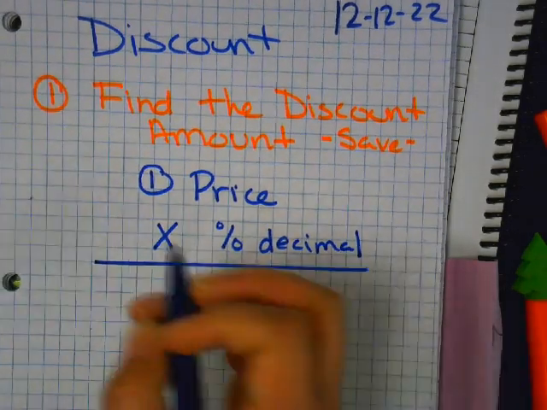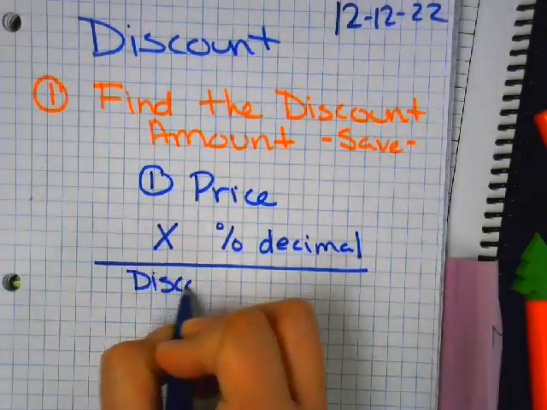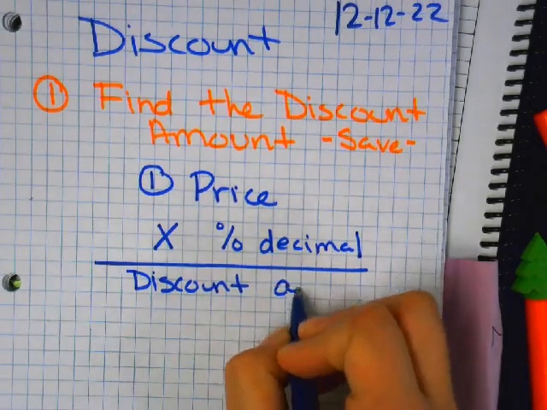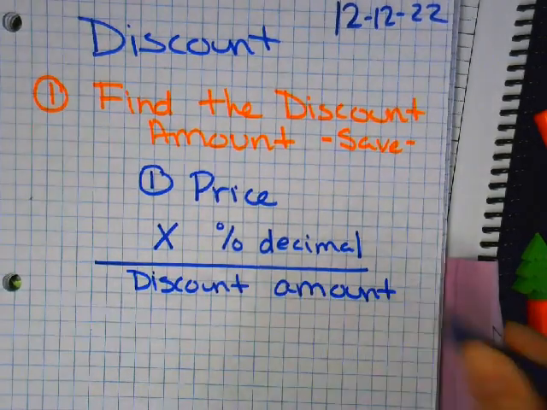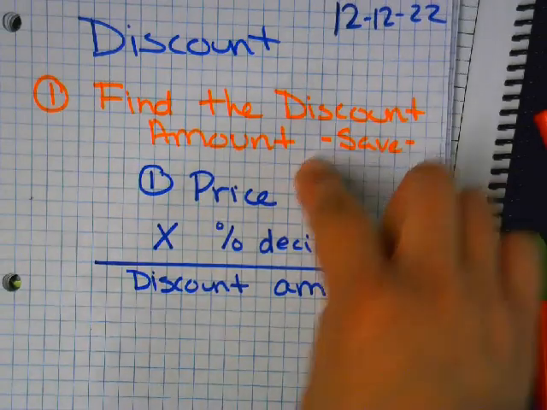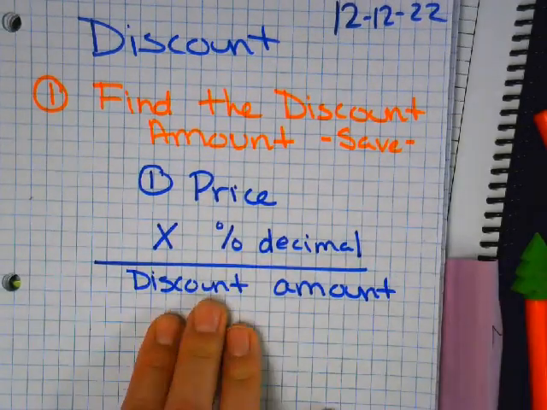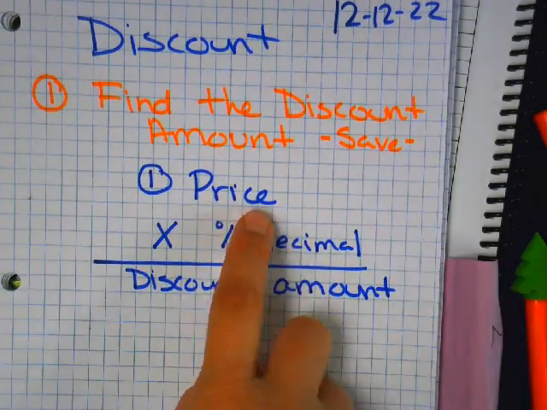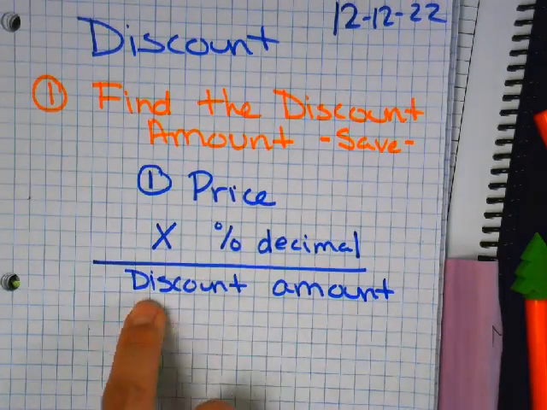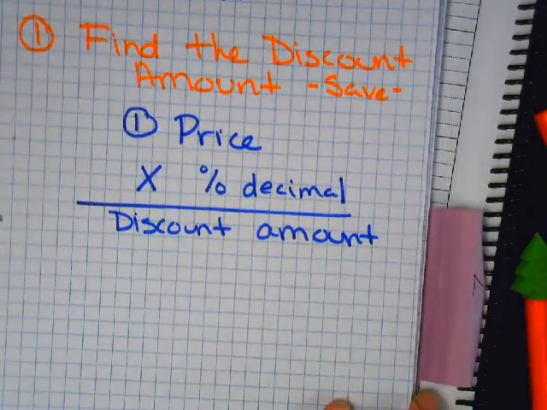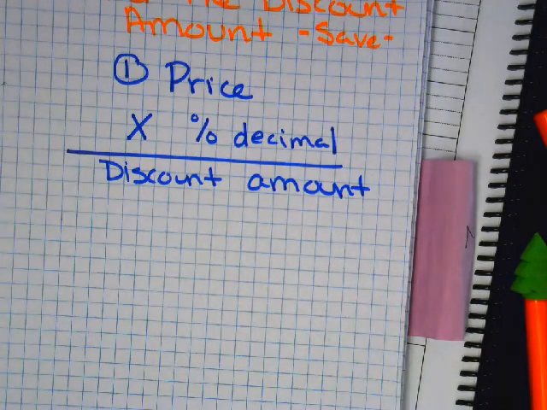This will give you your discount amount. Okay, so you're going to take your price, you're going to multiply it by your percent. Your price times percent is equal to discount amount. So we are going to be multiplying. It's going to be great.